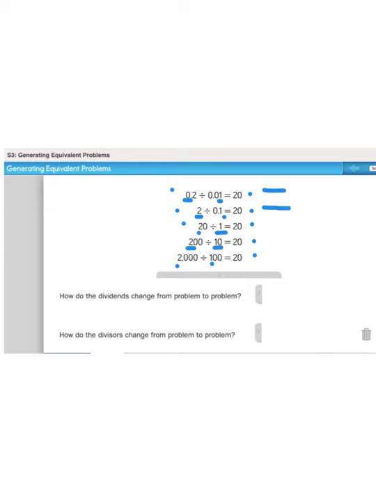The decimal point moves one place to the right, which means each divisor is 10 times as large as the divisor before. So from problem to problem, the dividend and the divisor were both changed in the same way. They were each multiplied by 10. So making the same change to both the dividend and the divisor did not change the quotient or the answer.